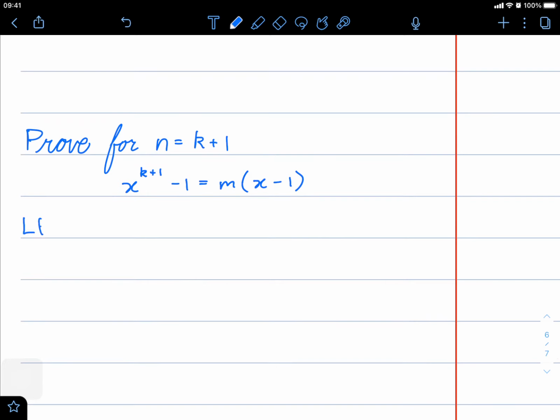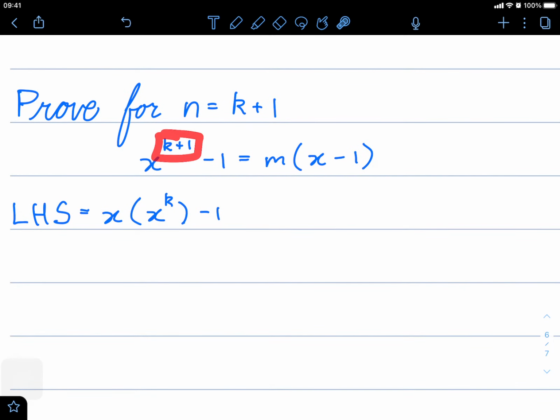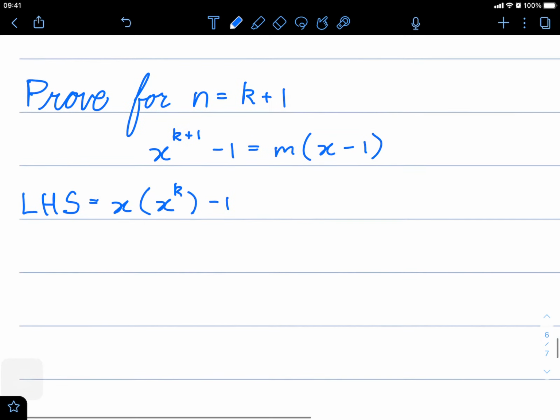So the left hand side is going to be x outside of x to the power of k minus 1, for the same reason that we break apart the index.